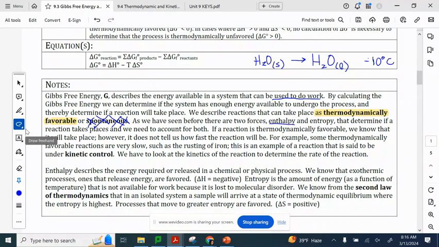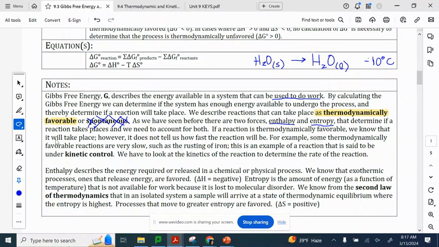We have enthalpy, which is your heat, and we have entropy, which is the number of microstates. Sometimes people refer to that as disorder, but they like you to use microstates more. Okay. Back when they were teaching us this, disorder was kind of the common term, but they've kind of shifted away from that.